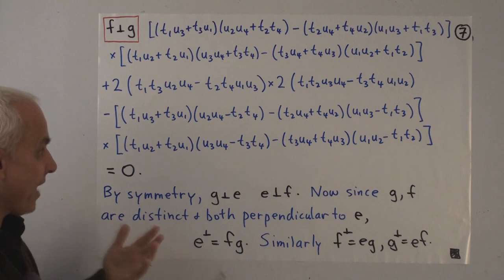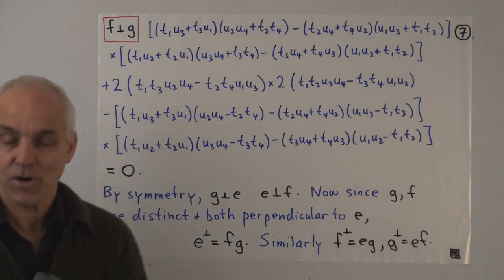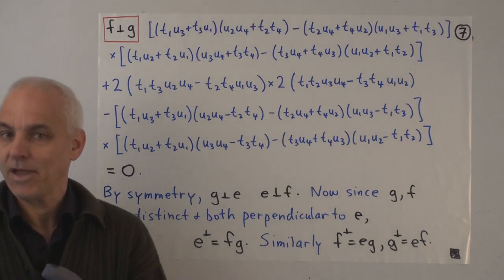We have to expand that thing out. And when we do, collect all the terms, everything cancels, and we get 0.